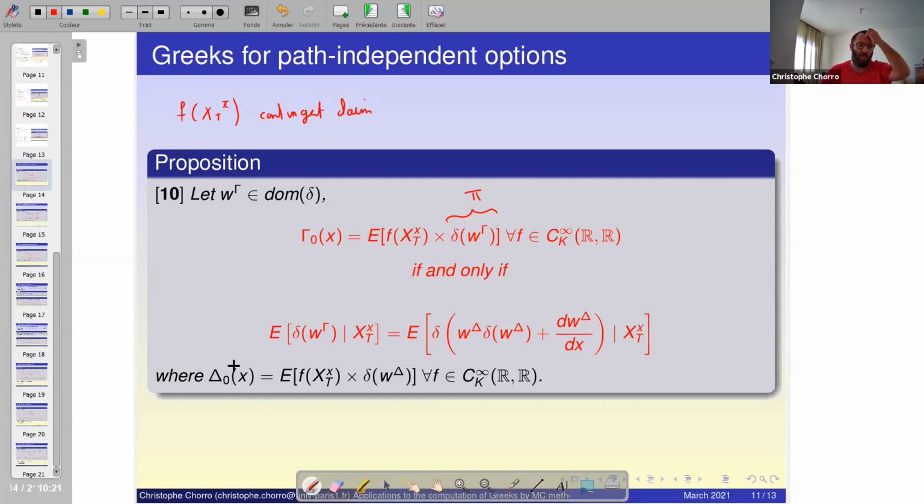So it means that the condition that is fulfilled here is the one related to the delta. So I see that if I want a result concerning the gamma, I have inside a condition involving what happened for the delta.